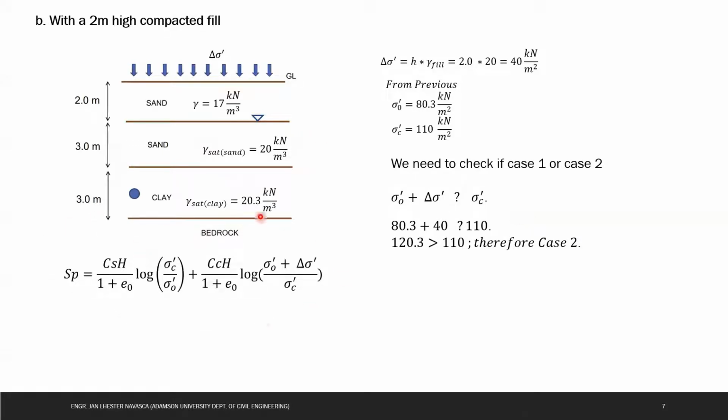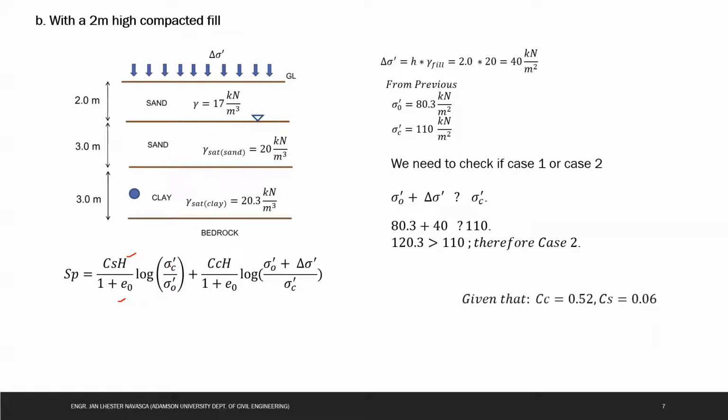This one is long again. So let us check if we have all the values in this formula. We have H, we have e sub 0, the pre-consolidation pressure, the overburden stress, the effective stress, and the induced pressure.